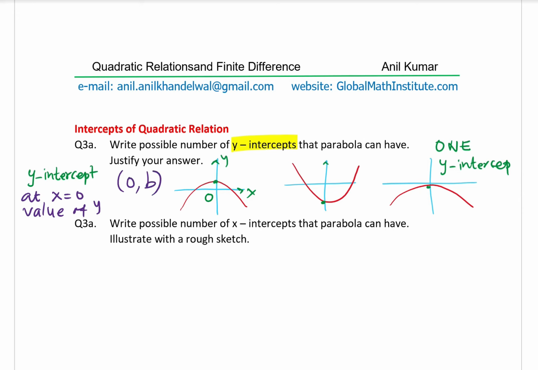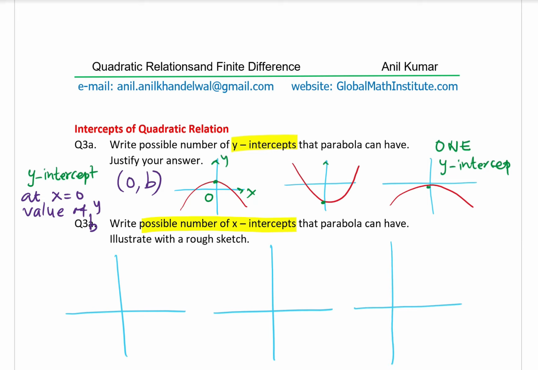Now let's take question number 3b, which is, write the possible number of x-intercepts that a parabola can have. Illustrate with a rough sketch. So again, let us make sketches and then we'll figure it out.